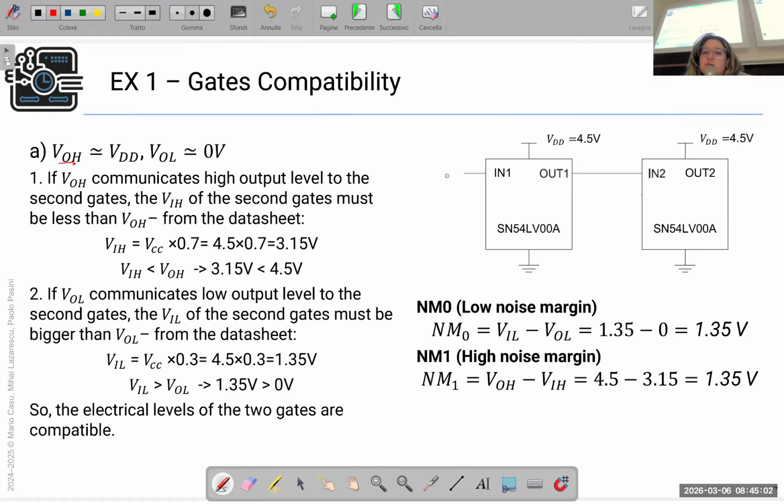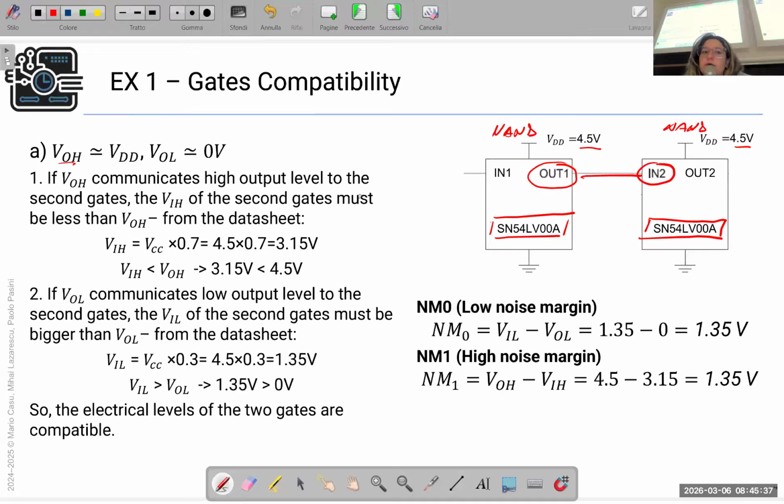As the exercise explains, we have the first NAND, whose output is linked to the input of the second NAND. They are equal, they are of the same family, so they have the same characteristics. Moreover, they operate in the same range of power supply, which is 4.5 volt.